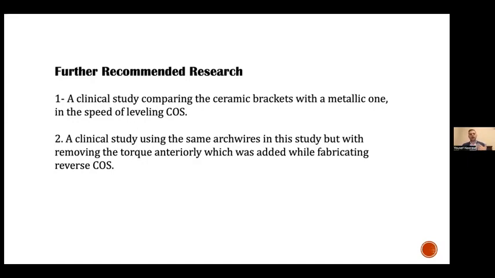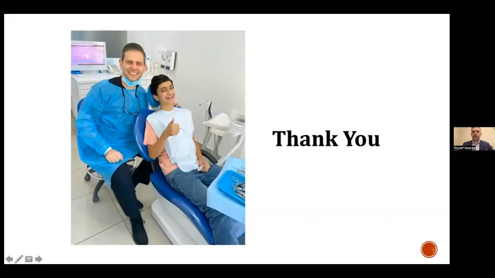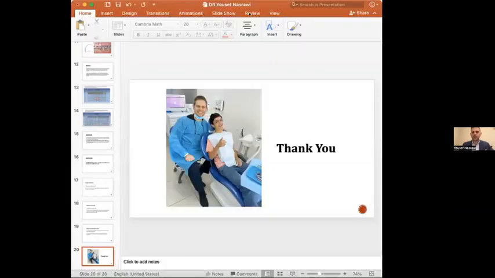So I wish in a future study, by removing the torque, to see how it could affect the anterior teeth and the buccal torque of the posterior teeth. So that's all, and thank you so much. It was a pleasure for me.